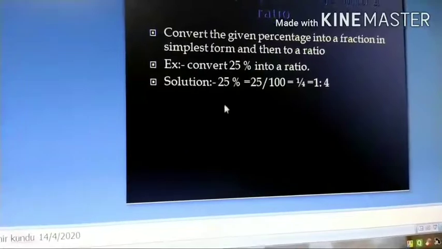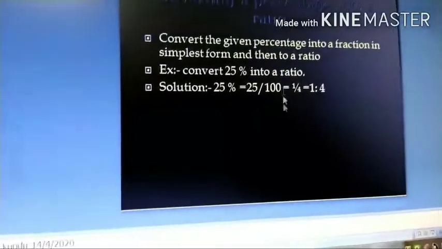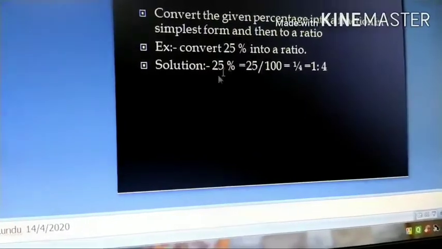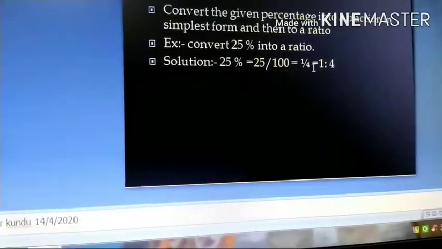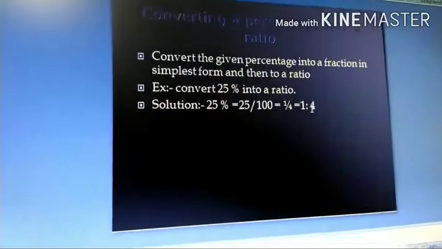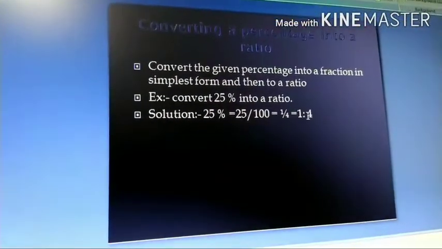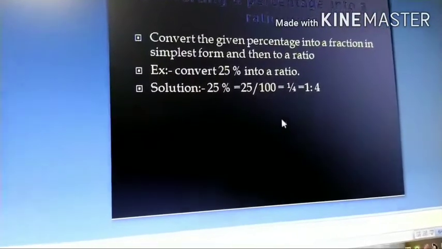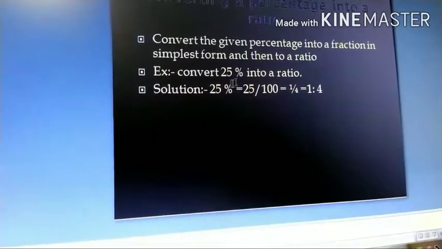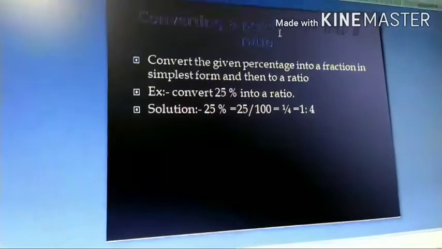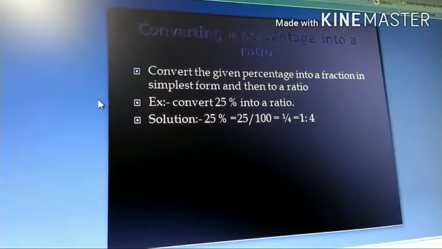So 25 into 1 by 100, that is 25 by 100, that is 1 by 4. 1 by 4, that is 1:4. This is the symbol of ratio. That is the answer, final answer is 1:4. By following this method, we can easily convert a percentage into a ratio.